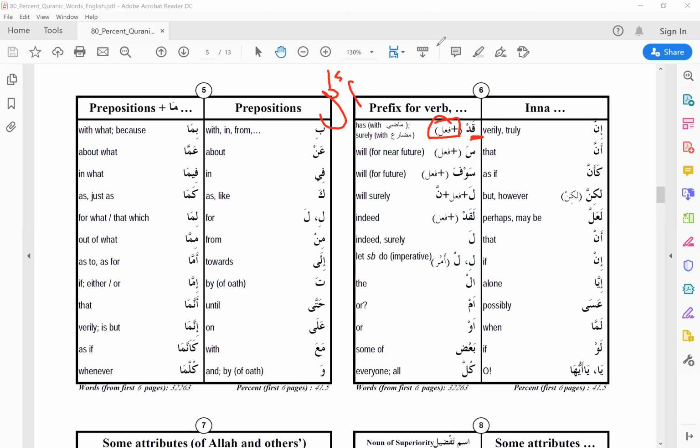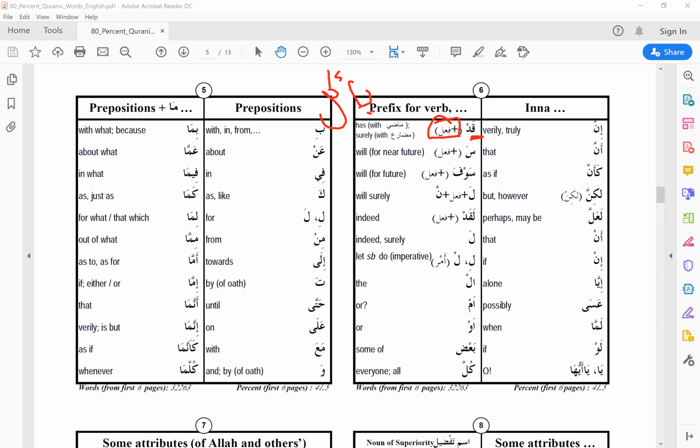But if the verb is in the present tense, that's when it would mean that it is maybe. It's not for sure.